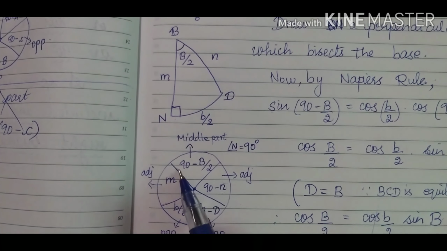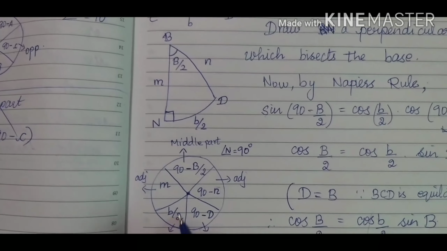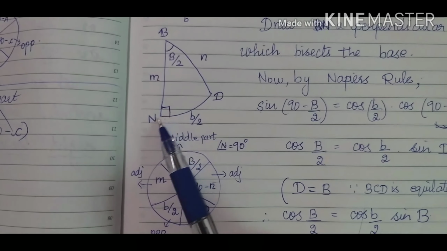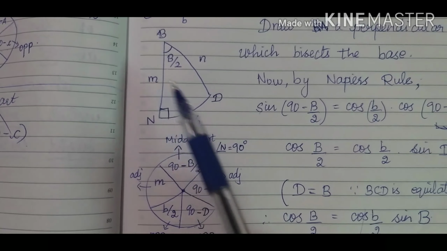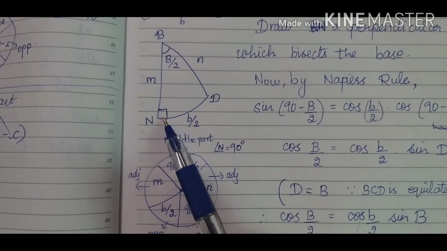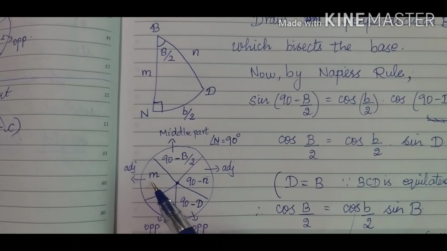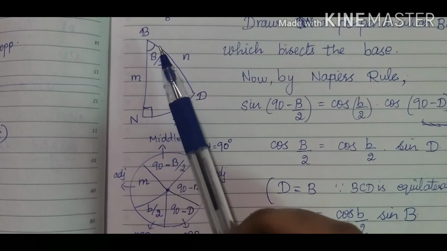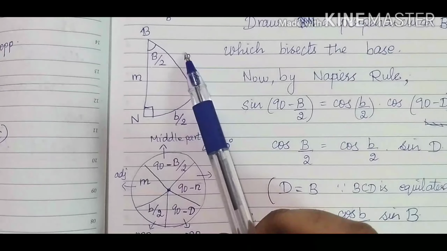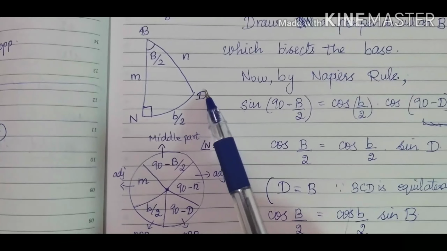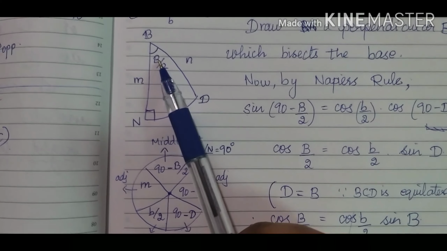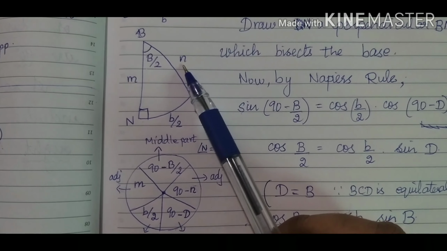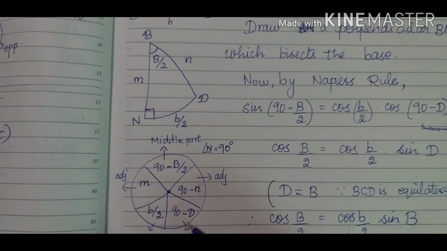I have drawn a circle with 5 sections in it. Here angle n is the 90 degrees, so don't consider this angle, and m and b by 2 are the sides which hold this 90 degrees. So I am writing m and next b by 2. The remaining components are this angle b by 2, this side small a, and this angle d. For these, we should write the complements of the respective components, that is 90 minus b by 2, 90 minus n, 90 minus angle d.